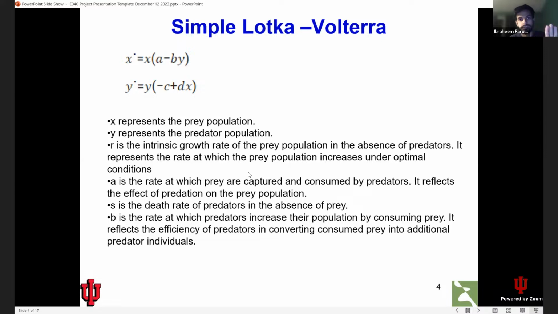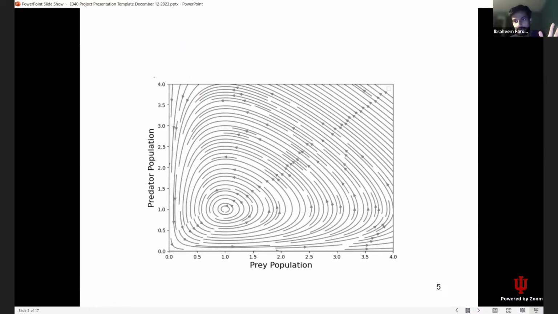So that's just the simple Lotka-Volterra model. And we've been over this in class, so I don't want to go too deep into it. But basically, we see this oscillatory system where predators and prey can both coexist, and their populations rise and fall. This makes sense because if there's a high prey population, the predator eating effectiveness will increase, which will cause the prey population to decrease because they keep getting eaten.